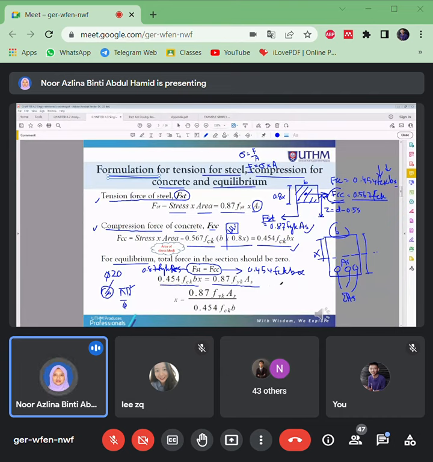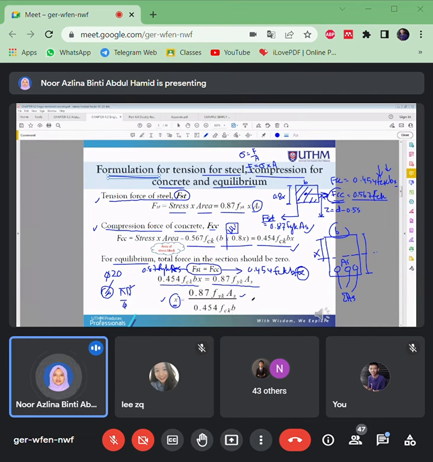But this is still the correct one: you make X the unknown here, so X is equal to 0.87 FYK AS divided by 0.454 FCK B.